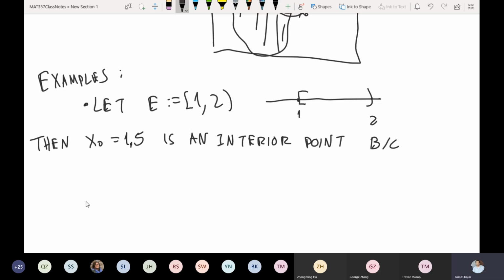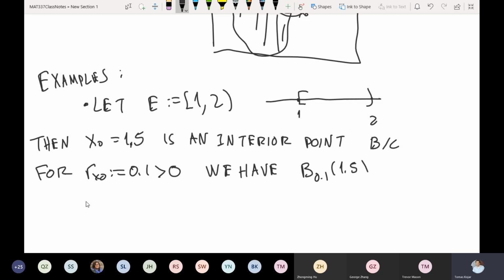Because the ball, for R equal to 0.1, B(1.5, 0.1) is fully contained in [1, 2).